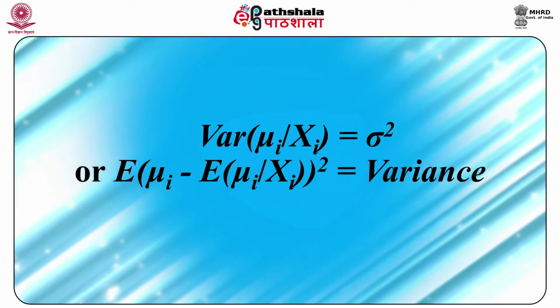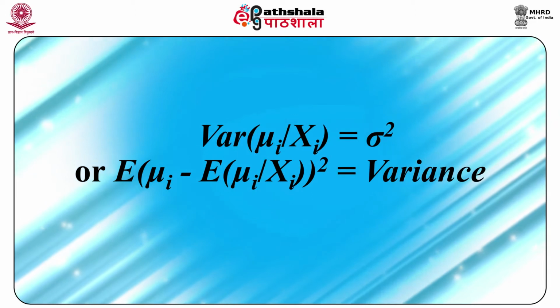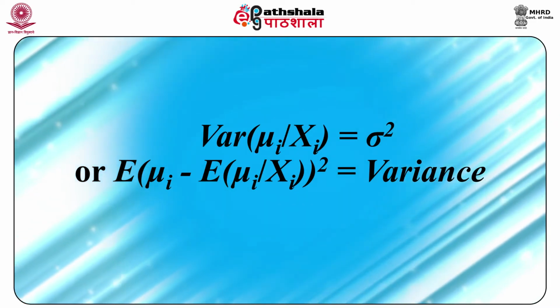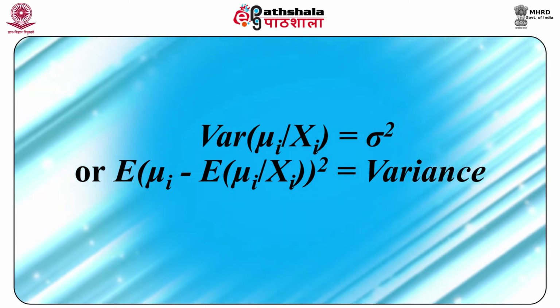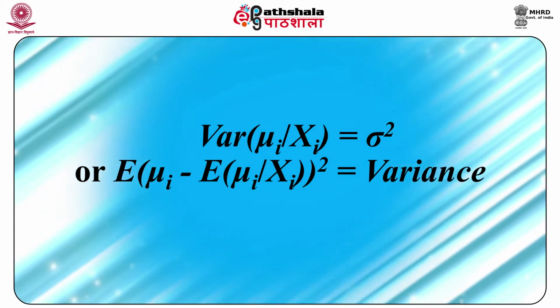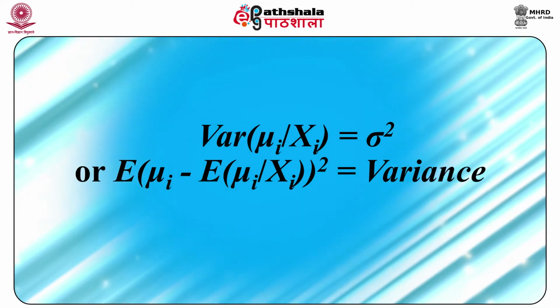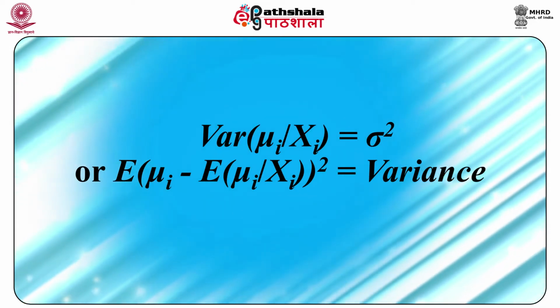This implies that the error term for each value of x is drawn from a population with constant variance. That is, variance of mu i given xi is equal to sigma square, or expected value of mu i minus expected value of mu i given xi whole square is equal to variance.